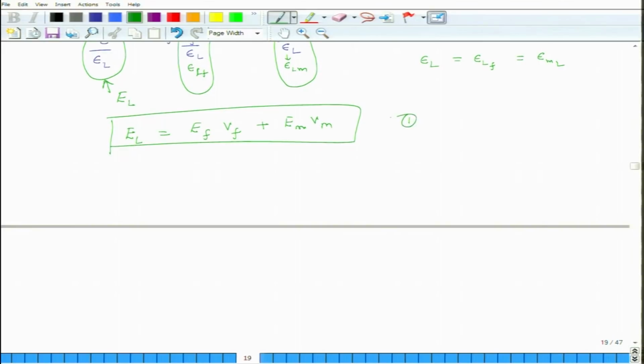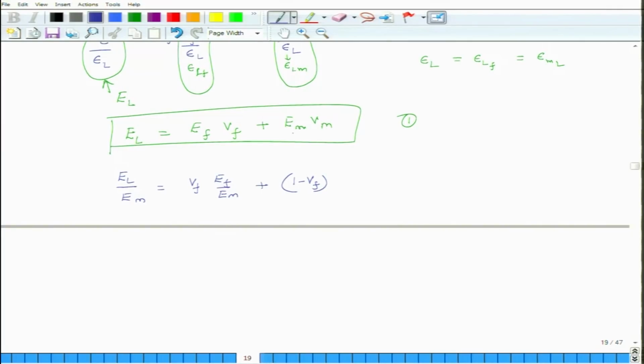So, let us call this equation 1. I can reformulate this equation in slightly different form. So, what I do is that I divide this by EM. So, I get EL by EM equals VF EF by EM plus, and Vm is what? 1 minus Vf, right, and I have divided the entire thing by Em.